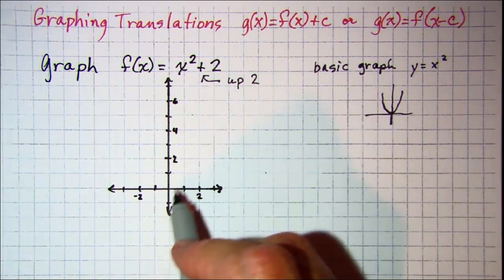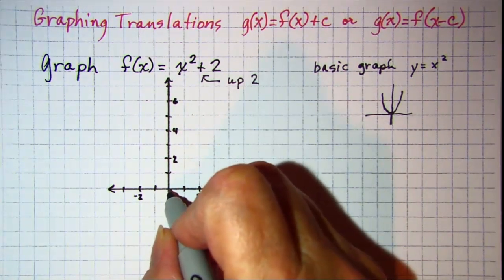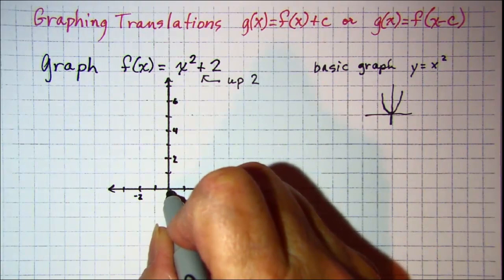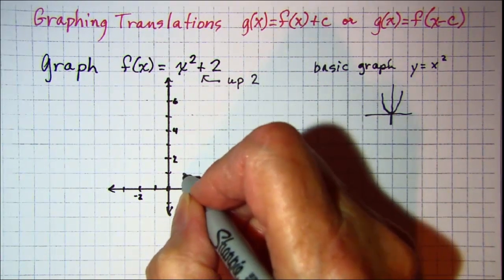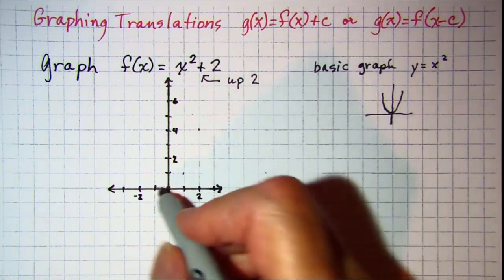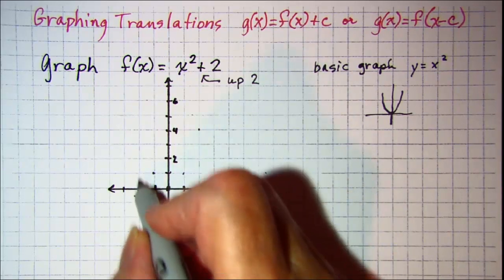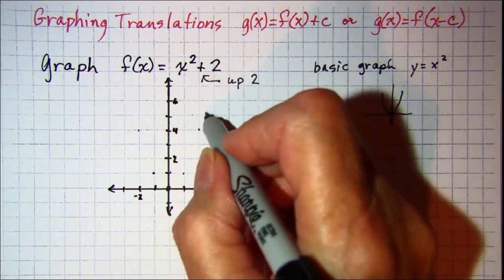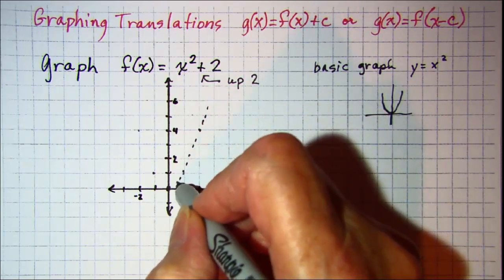So let me draw the basic graph with the dotted line. We know that the basic graph has its vertex at 0, 0, and then it goes through 1, 1, and it goes through 2, 4, and it goes through negative 1, 1, and negative 2, 4. So our basic graph is shown here with the dotted line.